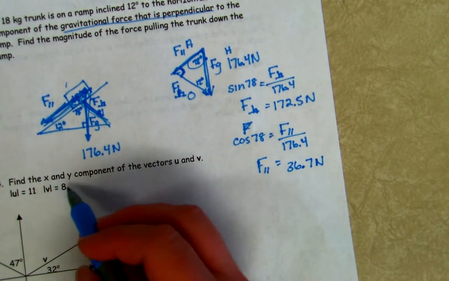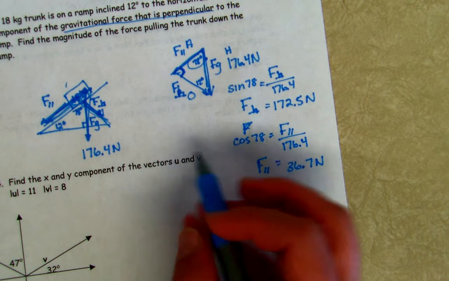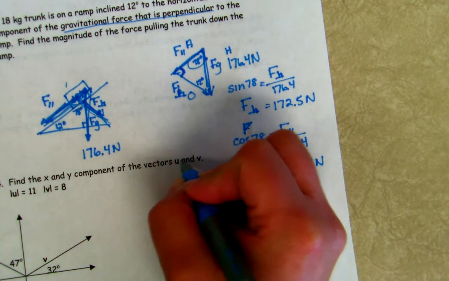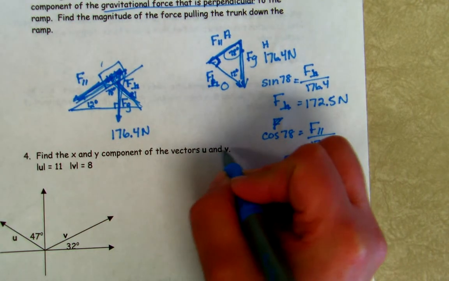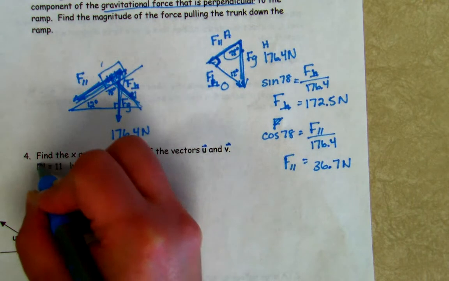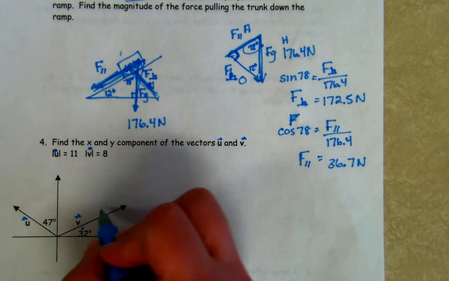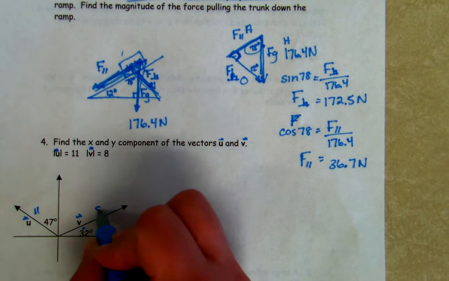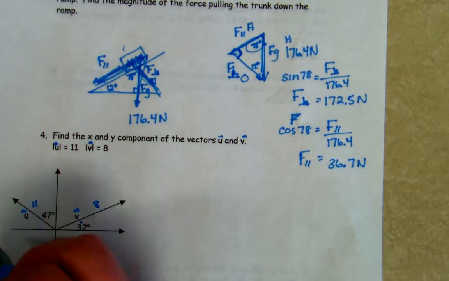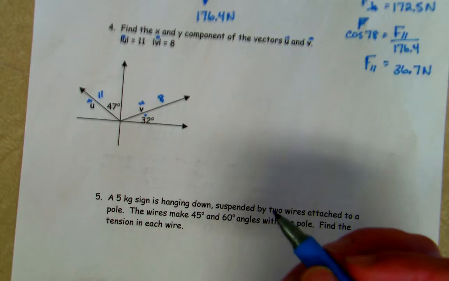Now we're going to find the x and the y components of the vectors u and v down here. And again, vectors can be represented by bold or they can have the vector sign over them. Either way, it's the same. So I know the magnitude of u is 11 and the magnitude of v is 8. And I want to find the horizontal and vertical components.